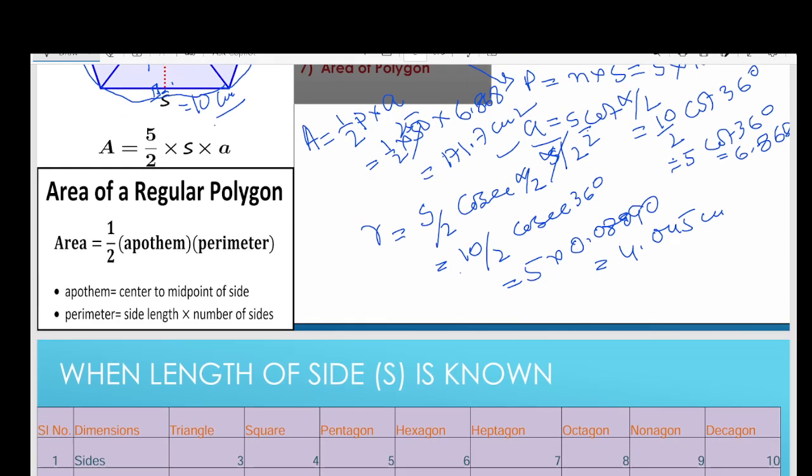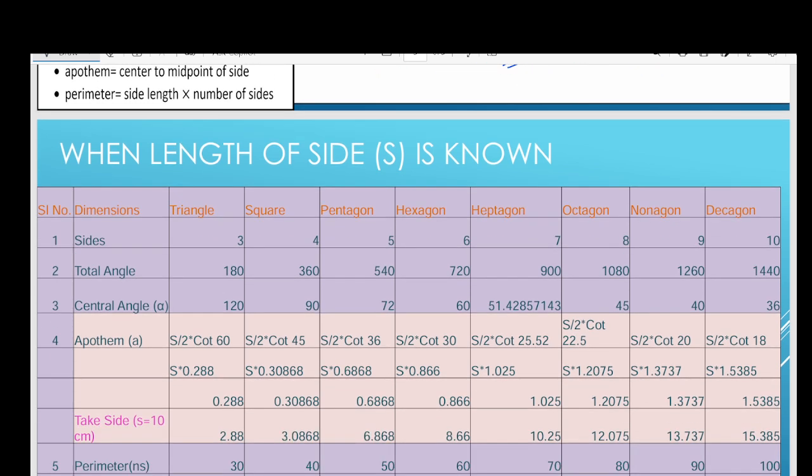If you know all these formulas, you can find out all the values for all the polygons. Say for sides 3, 4, 5, 6, as per triangle, square, pentagon, like this. Angle will be 180, 360, like this if you put the formula. What is the formula here? 2n minus 4 into 90. Put here.